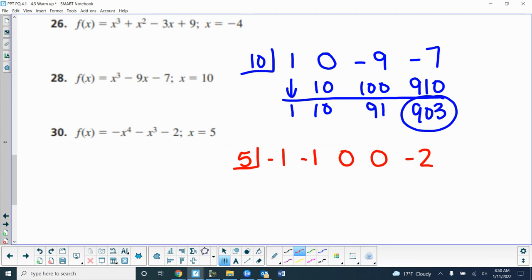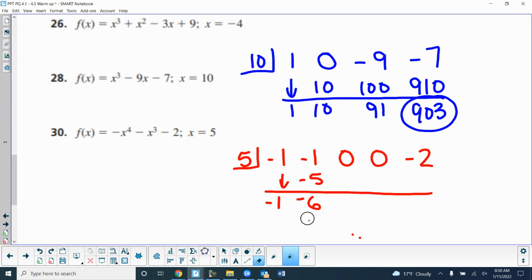And then the -2. We gotta go down in order and hold those spots, okay? And then drop a -1. So 5 times -1 is -5. When I add those, I get -6.